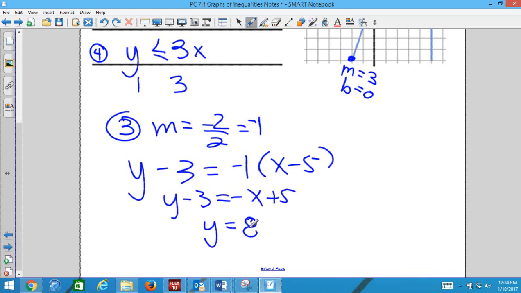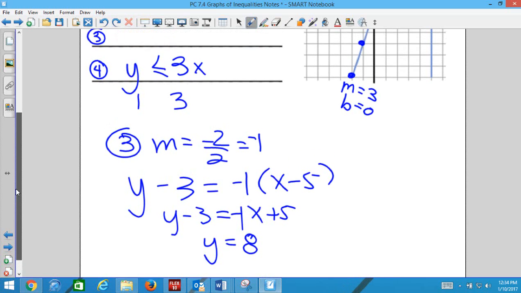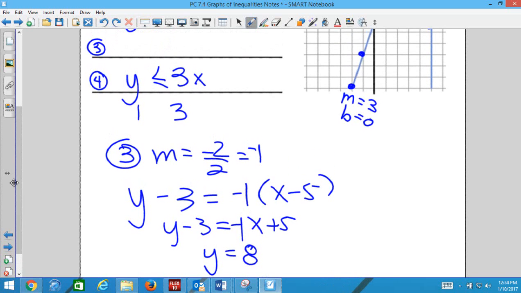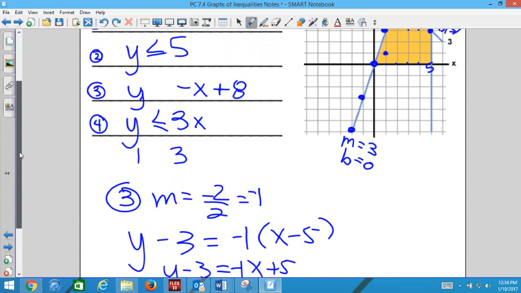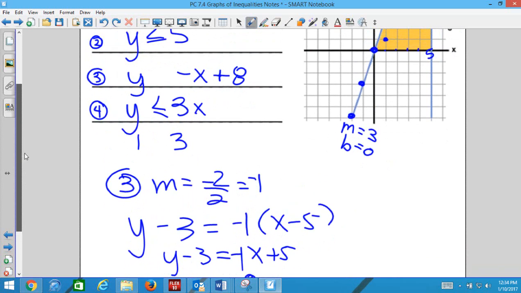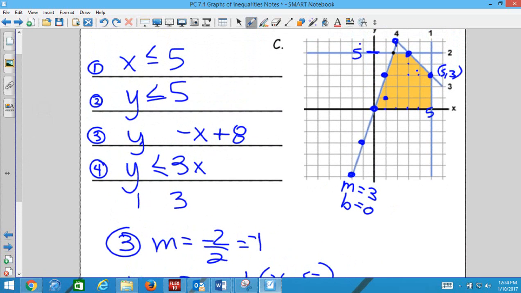So y equals 8. So we're going to have y something negative x plus 8. And I have to figure out the sign. I need a point that I can test. Say that again? Yeah, you can do 1, 1 again.